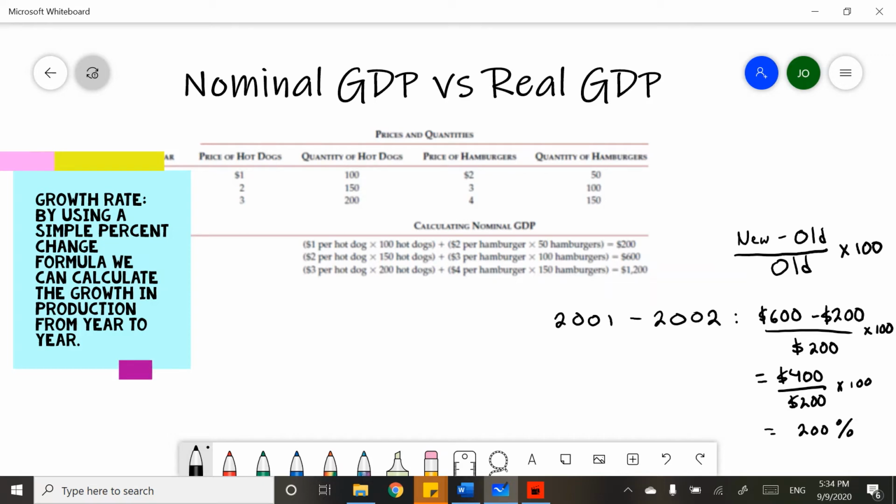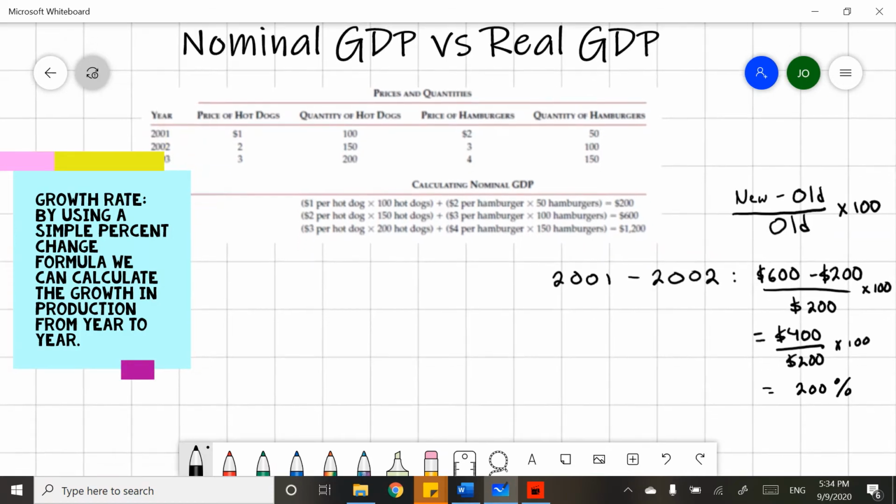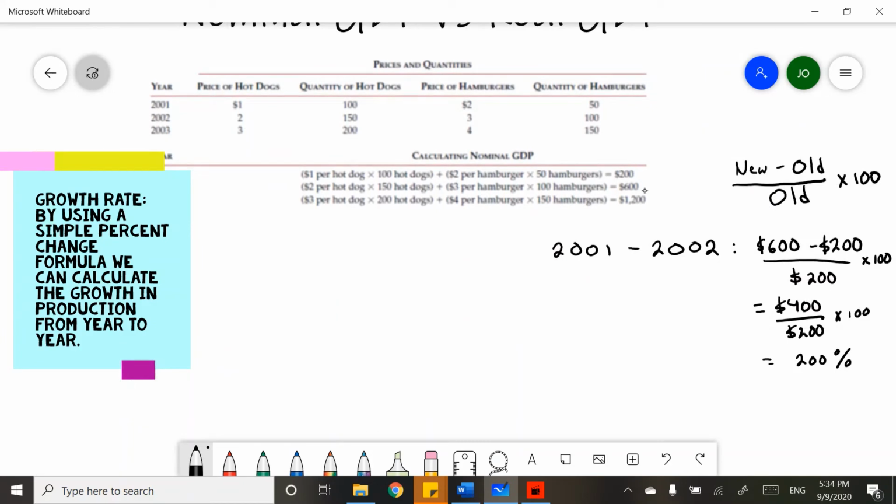Basically, it's saying that the economy tripled in production. Similarly, we can see from these numbers that from 2002 to 2003, the economy doubled in value.